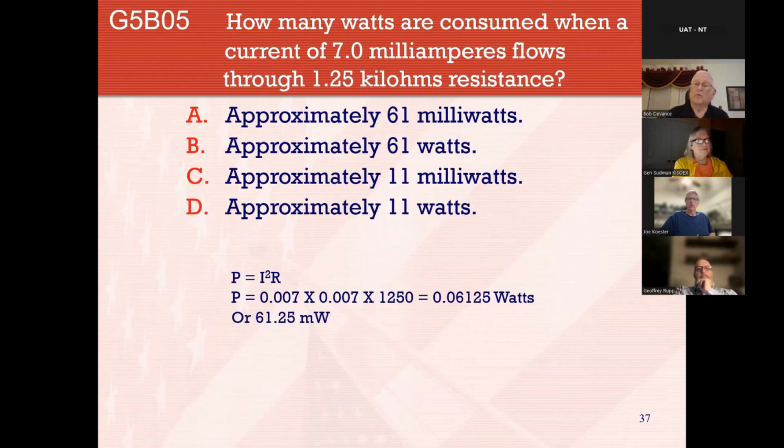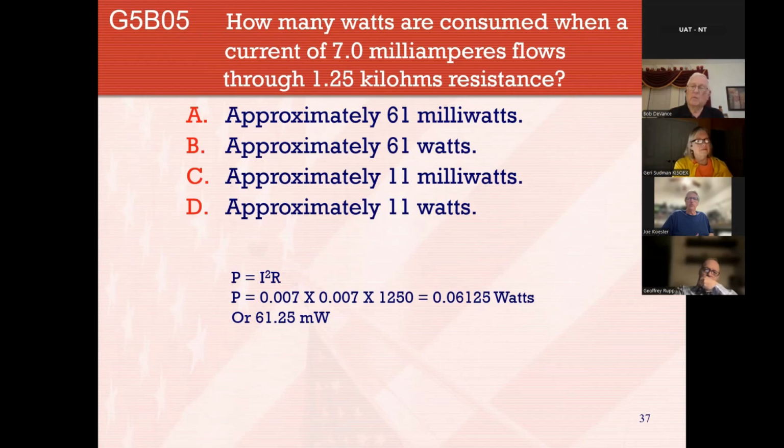Our formulas are working with amperes. So we have 0.007 squared times the 1250 ohms. Now, 1.25 K ohms is 1250 ohms. There we're moving the decimal place 3 places to the right. So K ohms, thousands of ohms, 1250 ohms.